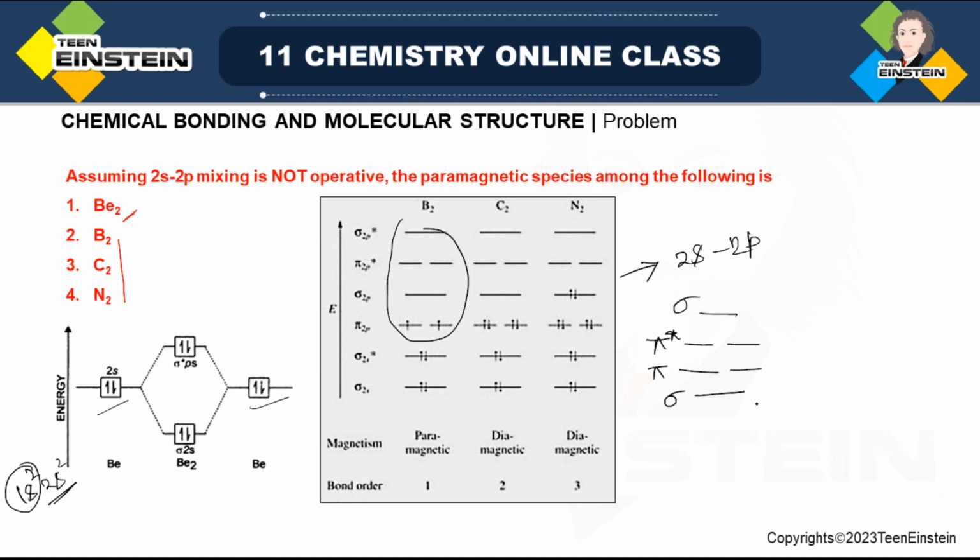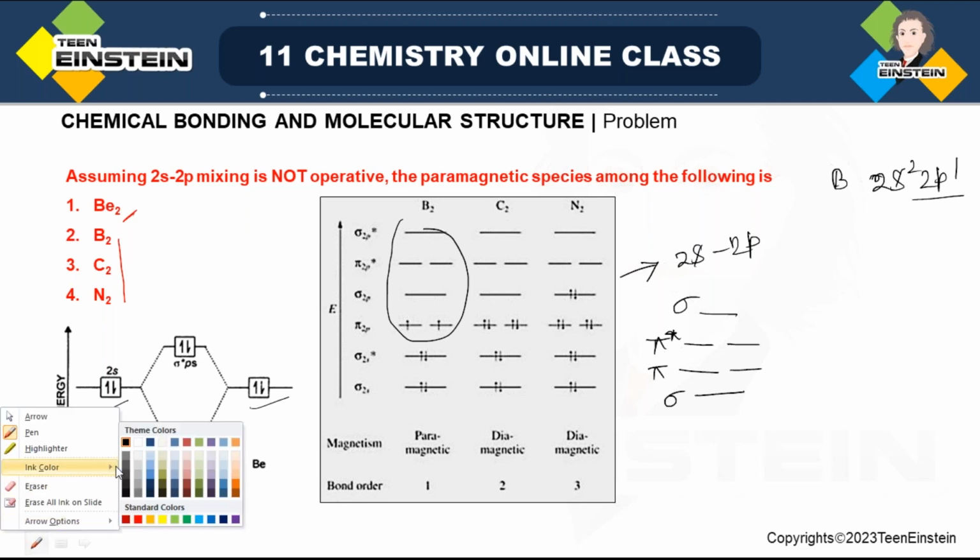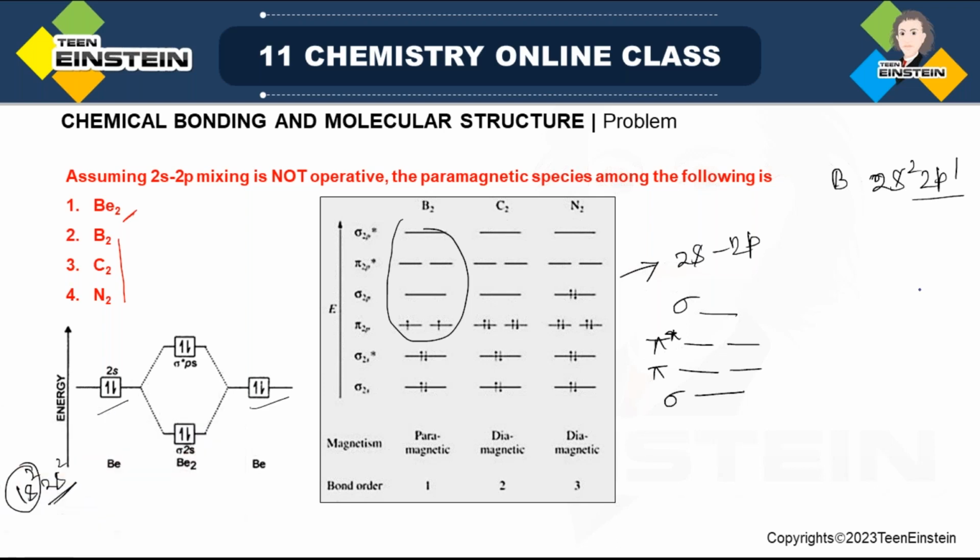Under this condition, for B2, boron is 2s2 2p1. Just focus on the p part. Only 2 electrons you have to place, and for sigma the capacity is like this. So now see, it is diamagnetic. When you are not considering 2s2p mixing, this species is no longer paramagnetic like before. Now it is diamagnetic, and we have to answer which species is paramagnetic.